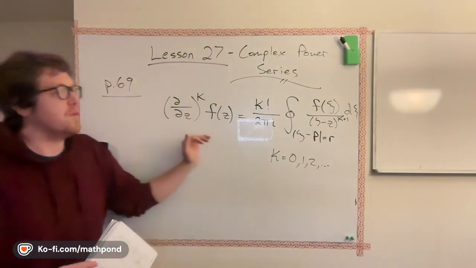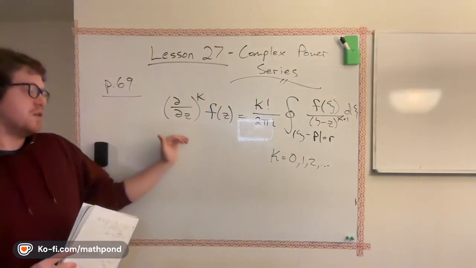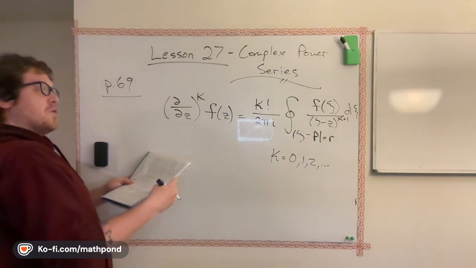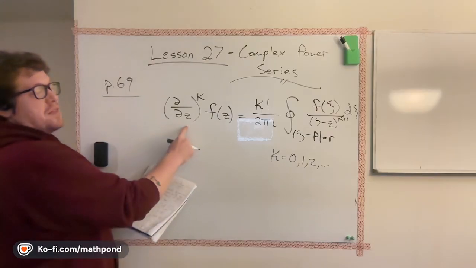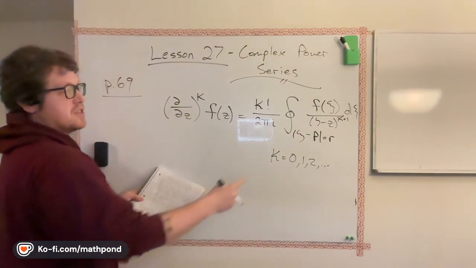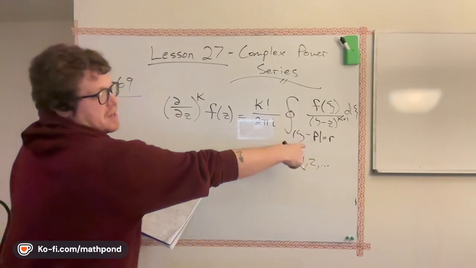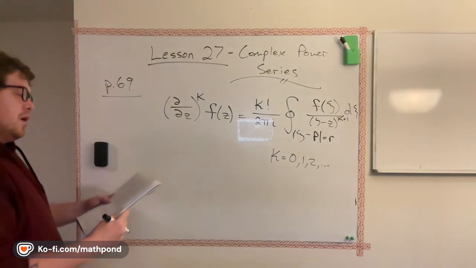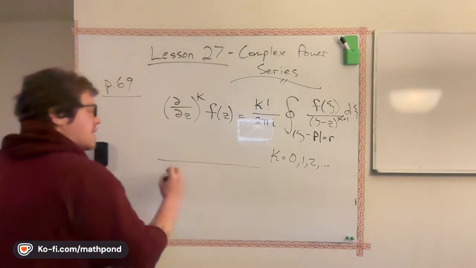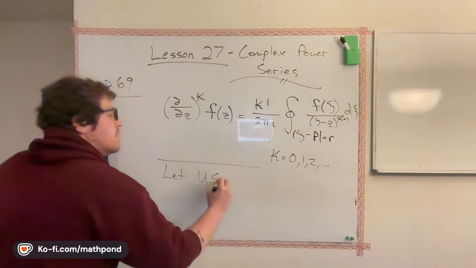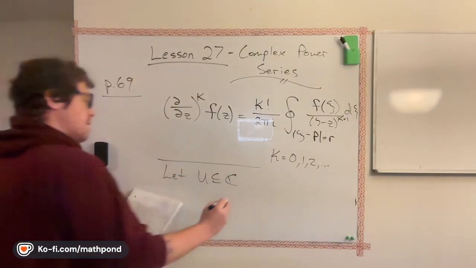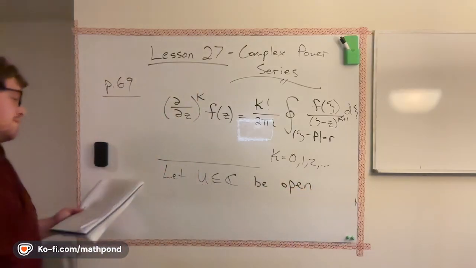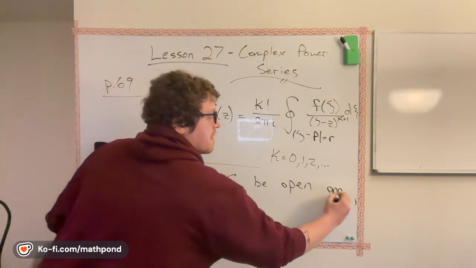So let's specify what has to be true here to be able to use this. Let me just be careful. The kth derivative of f can be written this way as long as the function is actually holomorphic inside this disk here. So really we want to say let U in the complex plane be open, and f is holomorphic.